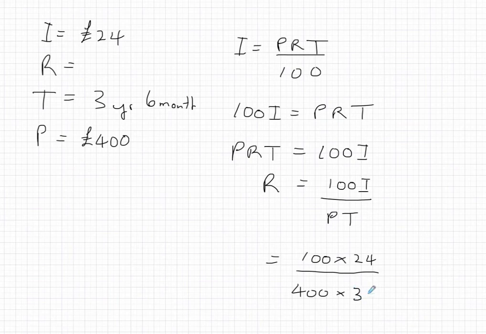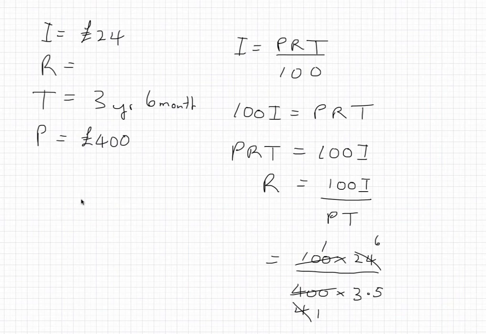Okay, we can cancel the 100, which is 4, and the 4 will cancel into the 24. 4 into 4 goes 1, 4 into 24 goes 6. So we've now got 6 over 3.5.